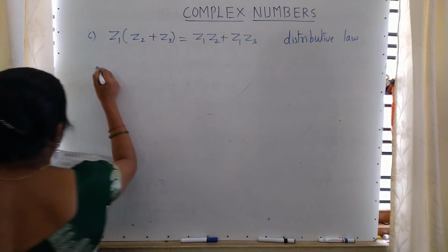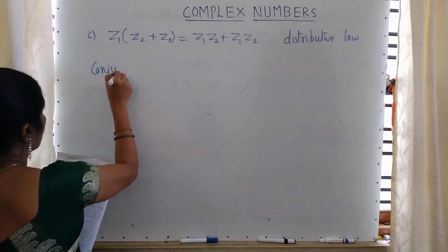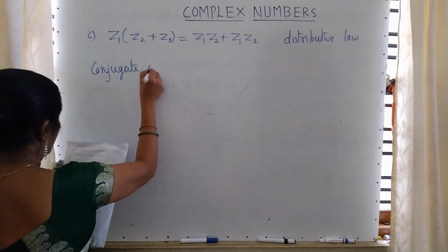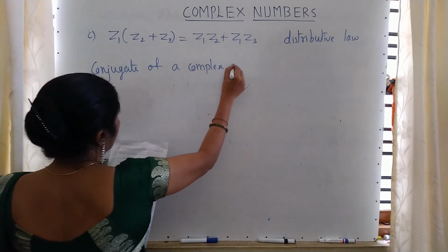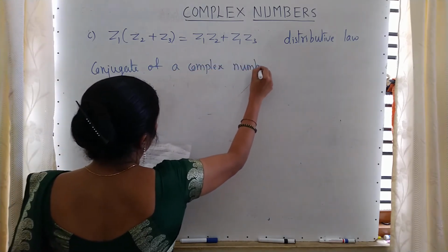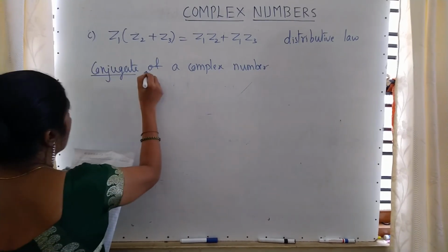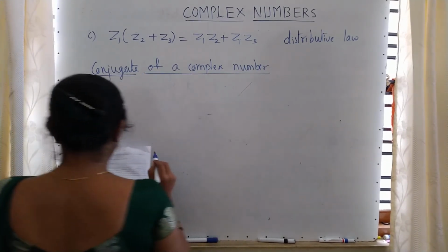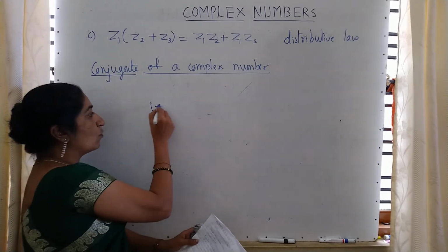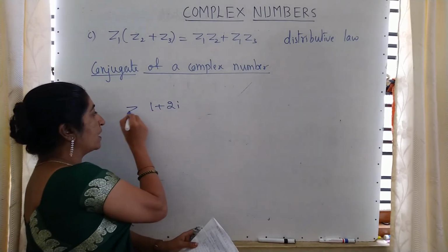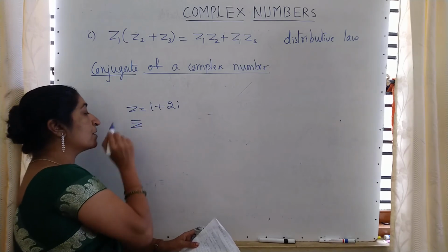Next, conjugate of a complex number. Before moving to any definition, I will just tell you. If it is 1 plus 2i, that I am writing, z bar is what?